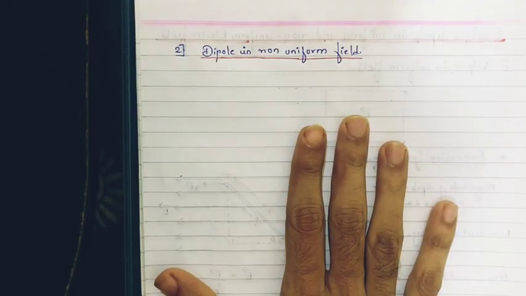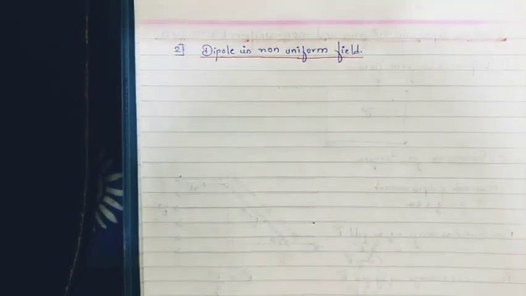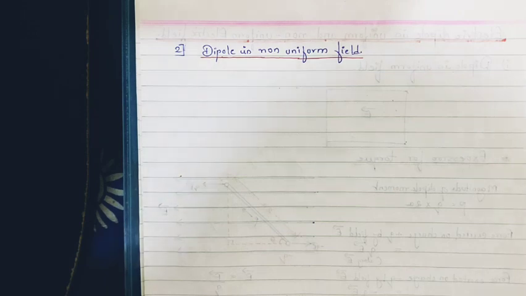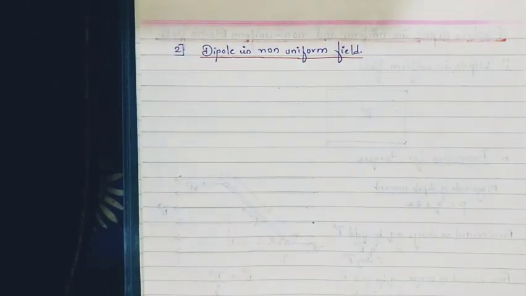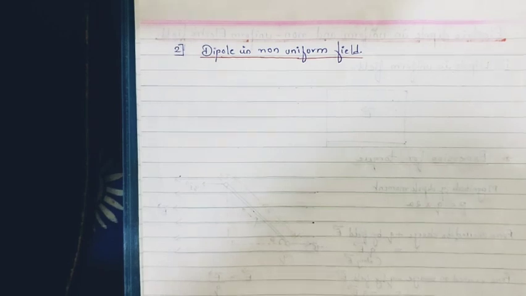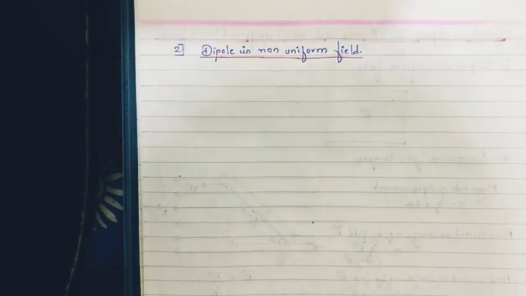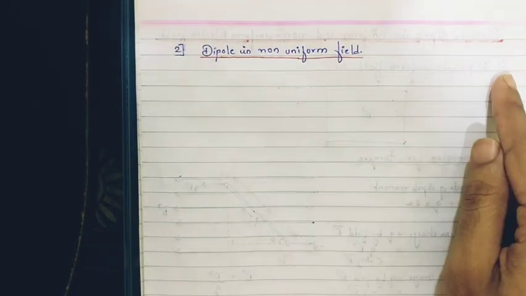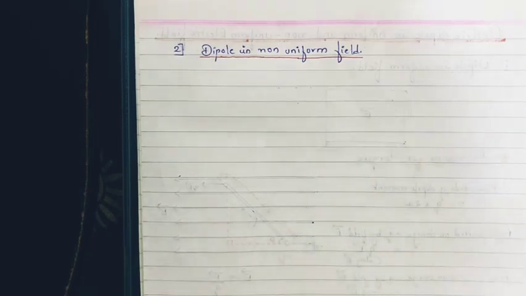Now let us move on to the next topic, that is dipole in a non-uniform field. As I told you, a non-uniform field is a field wherein at every point the direction and the magnitude of the electric field is going to be different. In the previous case, plus QE and minus QE were the two forces acting.